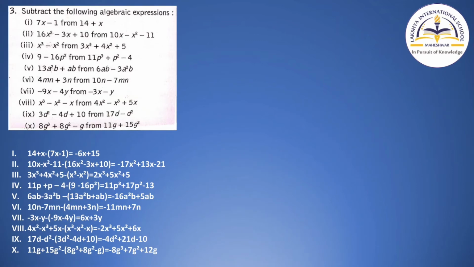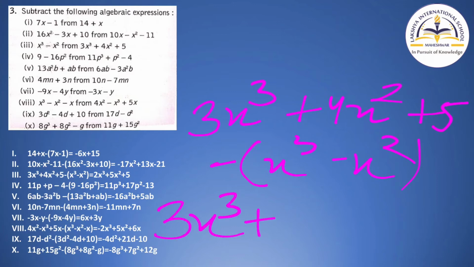Now the next question we will solve. 3x cube plus 4x square plus 5 minus x cube minus x square. Now when you simplify these, 4x square plus 5 minus x cube plus x square.